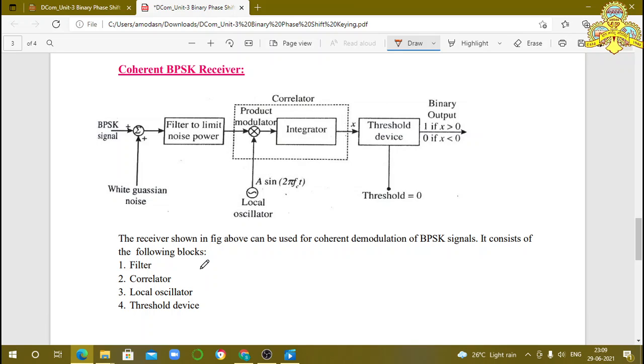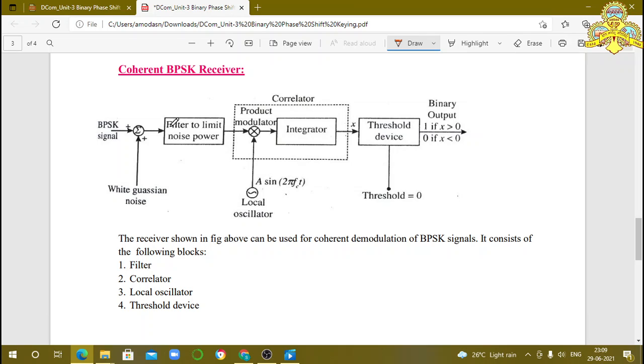In this, we have a filter to limit the noise power. You already know that this part of the circuit, this filter circuit, and white Gaussian noise are common for the ASK and FSK circuits also.